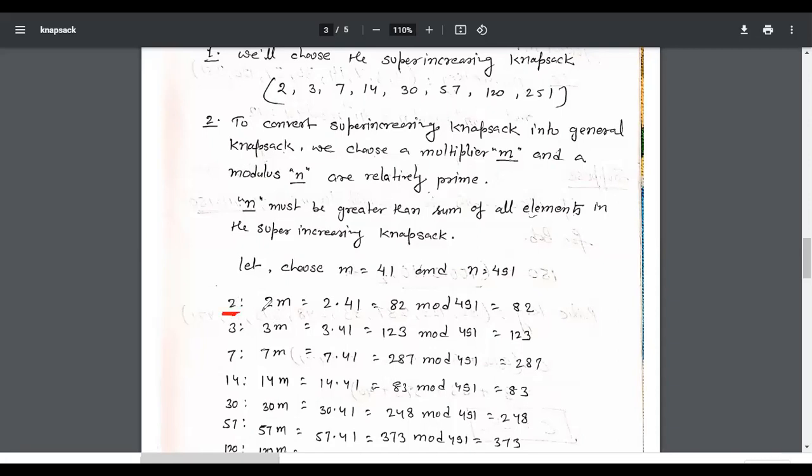Then we multiply 2 with m, that is 2m. The value of m is 41, so 2 into 41 is 82. Now we will calculate mod with n.